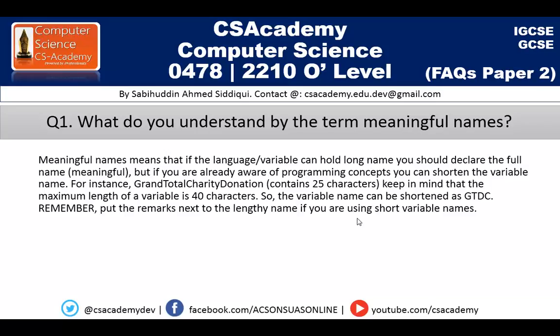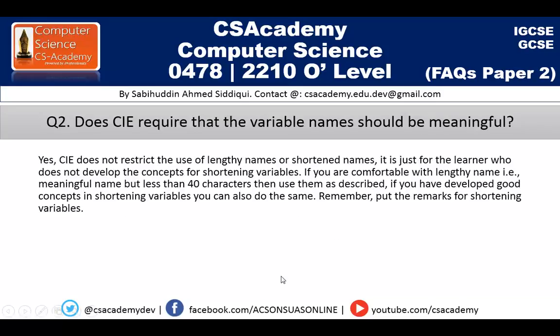So this is the very first question containing meaningful names. Now coming on to question number 2. Does CIE require that the variable names should be meaningful? Yes, of course. CIE does not restrict the use of lengthy names or shortened names. It is just for the learner who does not develop the concepts for shortening variables.